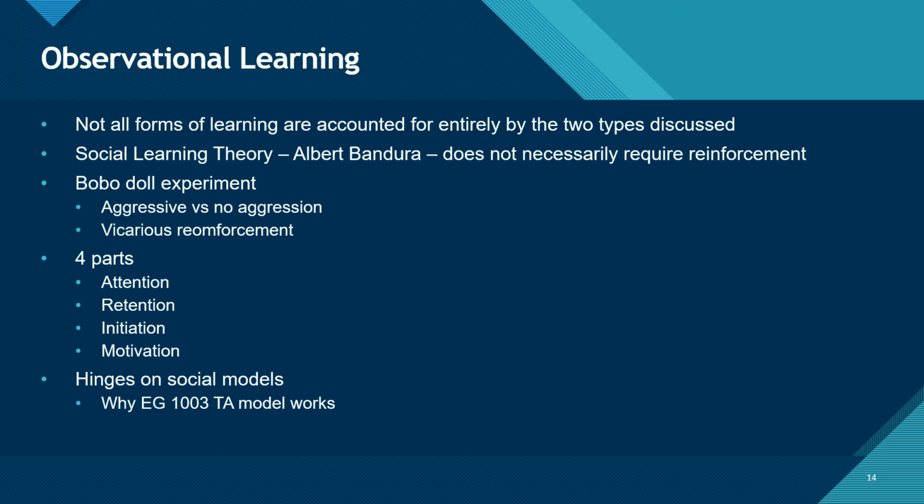There's a doll experiment where they treat this doll in front of children. One group is aggressive, one group is non-aggressive, and then they would see how the children reacted later.